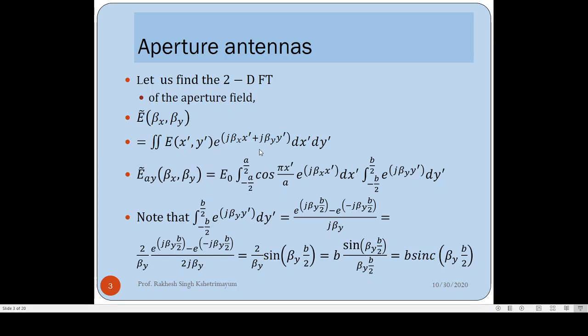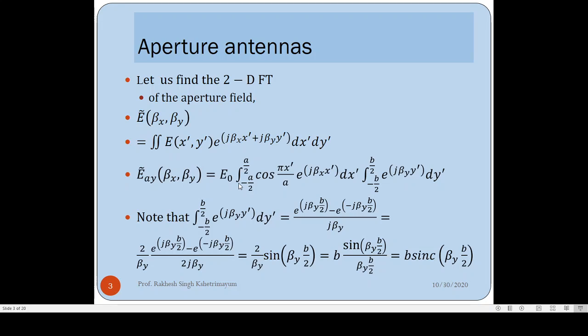2D Fourier transform. In this case, our field has only a y component, and it was expressed as E0 cosine of pi x by A. So we can combine this exponential j beta x x and do the integration, and we can also do the integration for exponential j beta y y, and this is from minus b by 2 to plus b by 2.